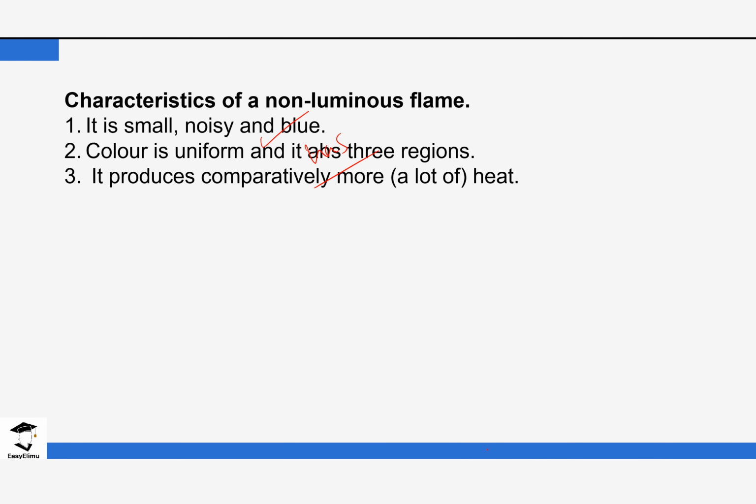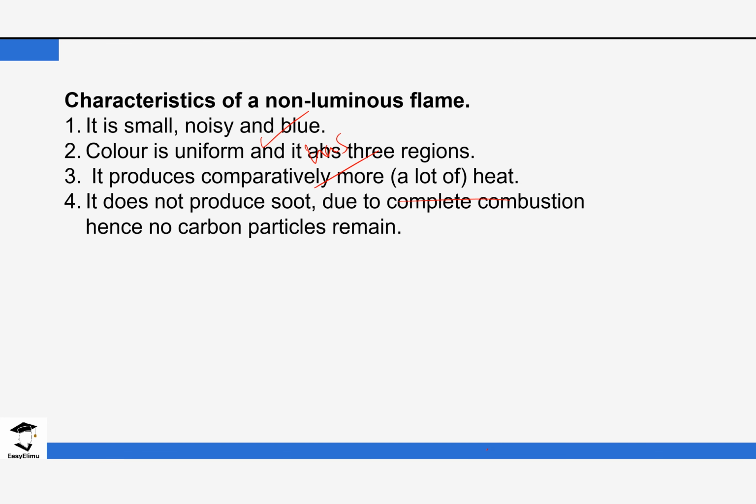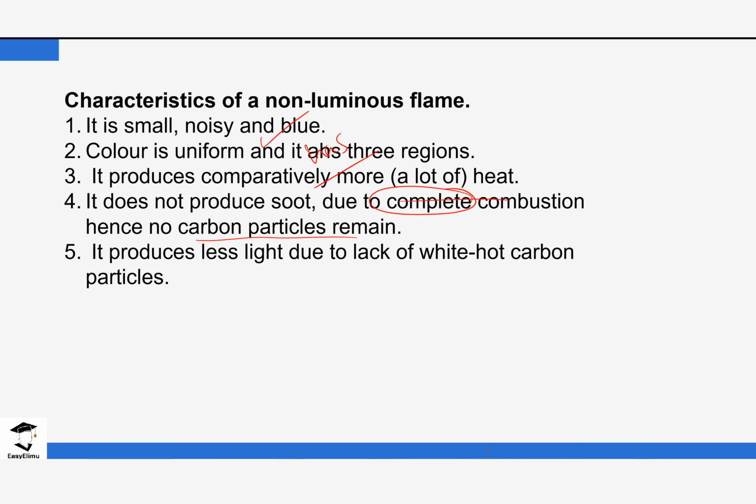This is contrary to what we noticed with the luminous flame. It also does not produce soot, because you notice there's complete combustion happening in this place. So there are no carbon particles being deposited, unlike the case of the luminous flame. And then it produces less light. That is the reason why, when you are done with the experiment, it is advisable to turn it back to the luminous flame, because the luminous flame is more visible, because it's yellow and it's bright and it's large.